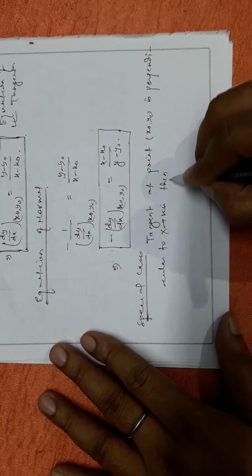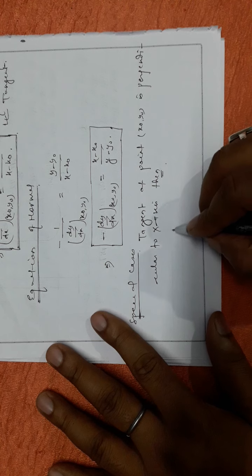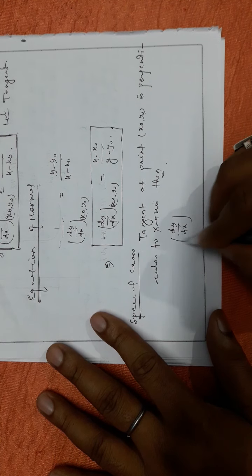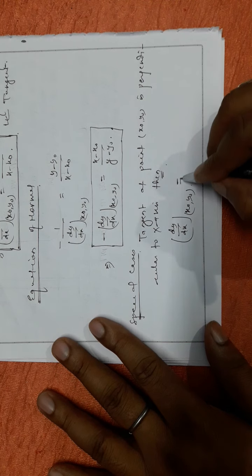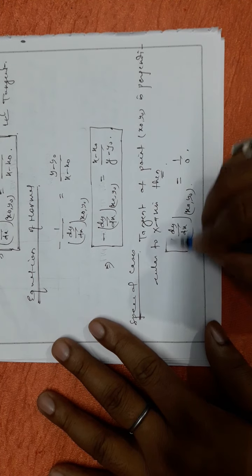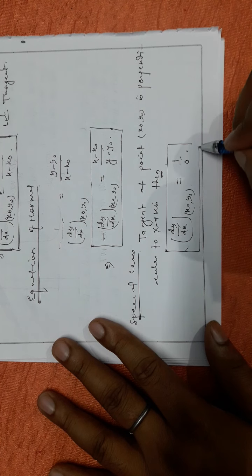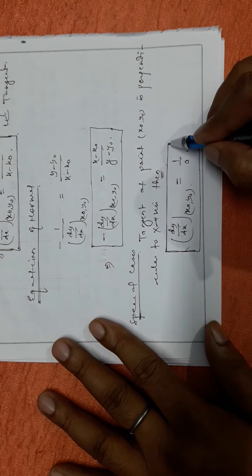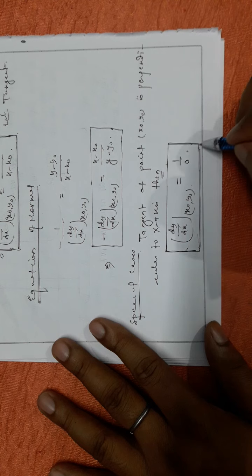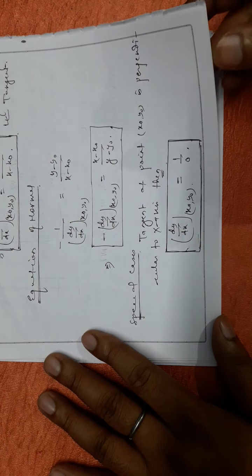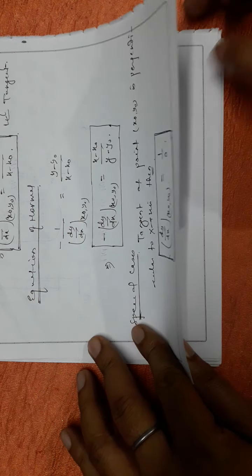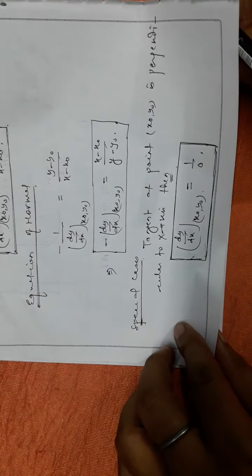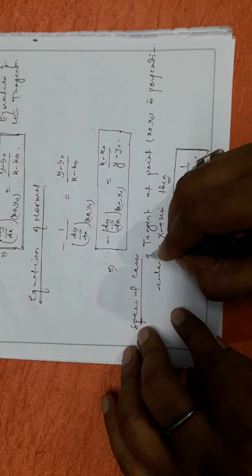Then we use the concept that dy/dx, that is the tangent at (x0, y0), equals 1 by 0. It is very helpful in finding the point and the values of x0 and y0 if this kind of condition is given in the question.